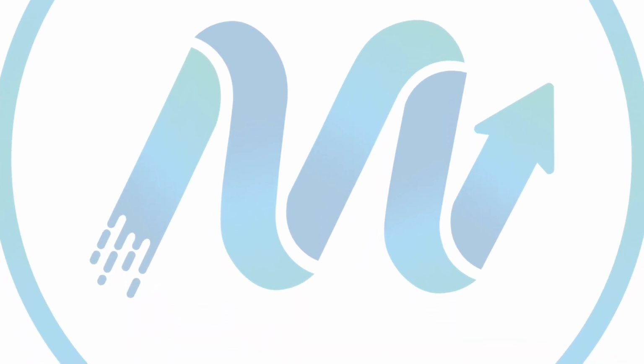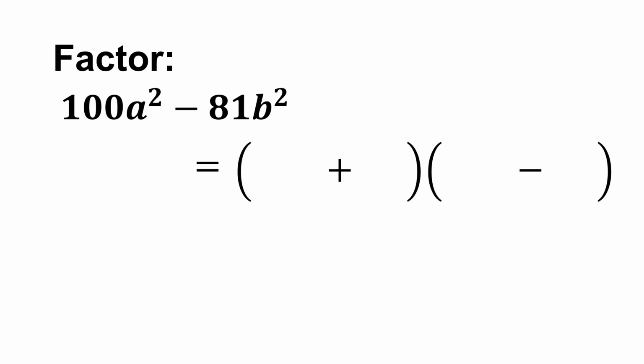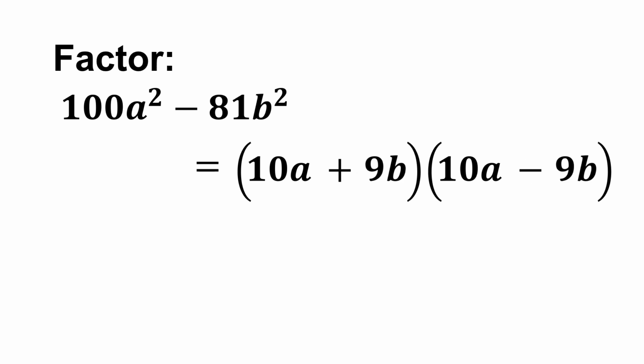Here are other examples. Again, I encourage you to do mental math. For 100a squared minus 81b squared, the square root of 100a squared is 10a, and the square root of 81b squared is 9b.